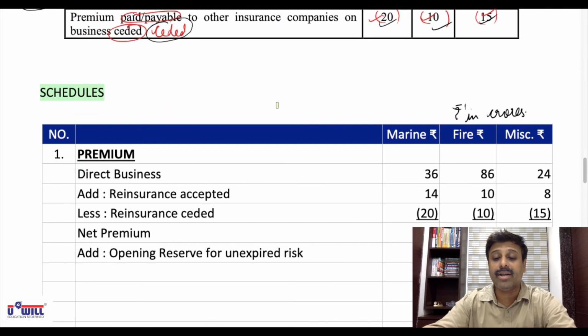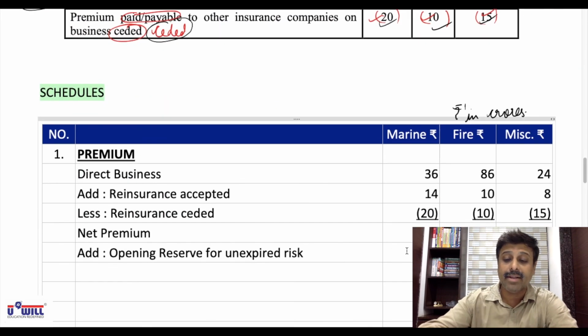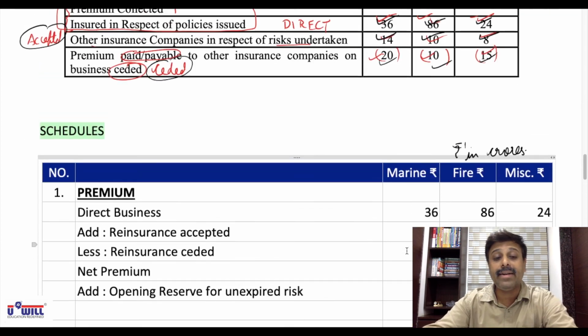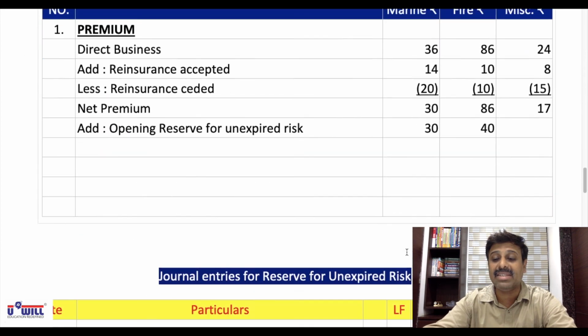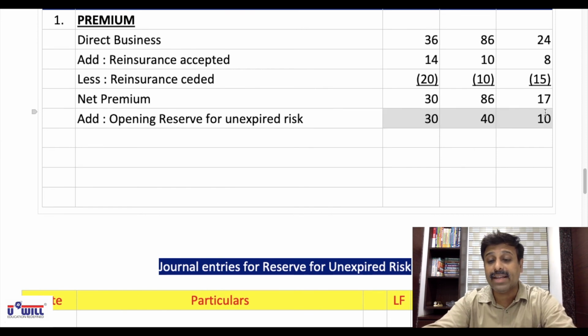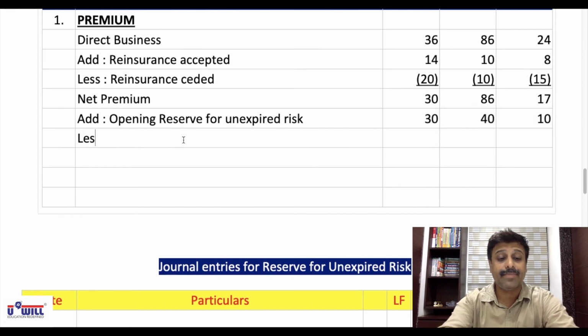So 30 we will add in the column of marine, 40 in the column of fire and 10 in the column of miscellaneous. We'll add them later on. First we will subtract closing reserve for unexpired risk.